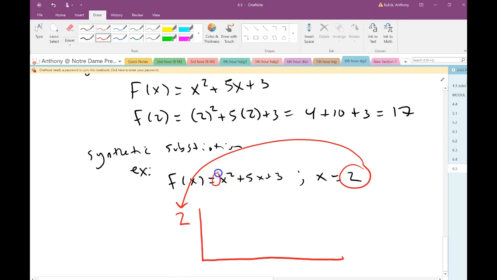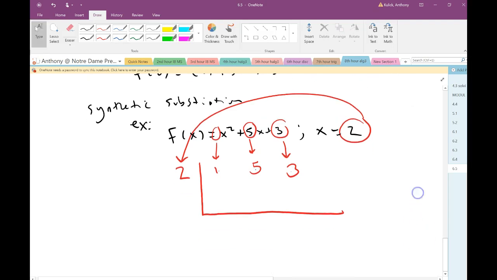And then we're going to take the coefficients, put those numbers there. And this is the setup for synthetic substitution. So again, whatever x equals goes on the outside, and then the coefficients for the polynomial go inside.